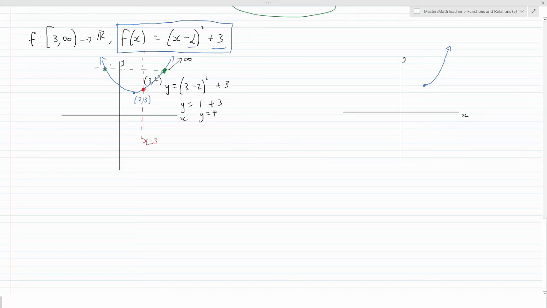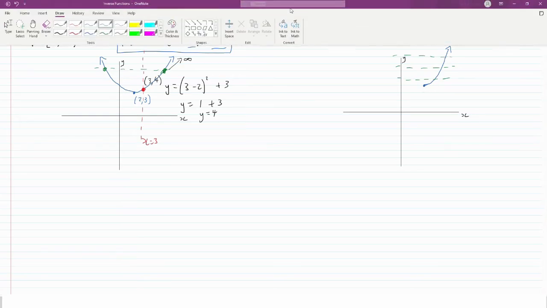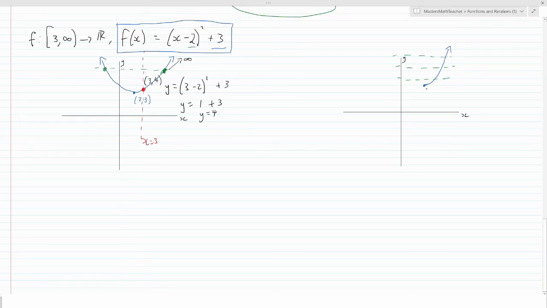So the original graph, f of x equals x minus 2 squared plus 3, is not one-to-one. However, once we've put in these restrictions, this new graph is in fact one-to-one. And so after the restrictions, this graph does in fact have an inverse. So we can find the inverse for this guy.